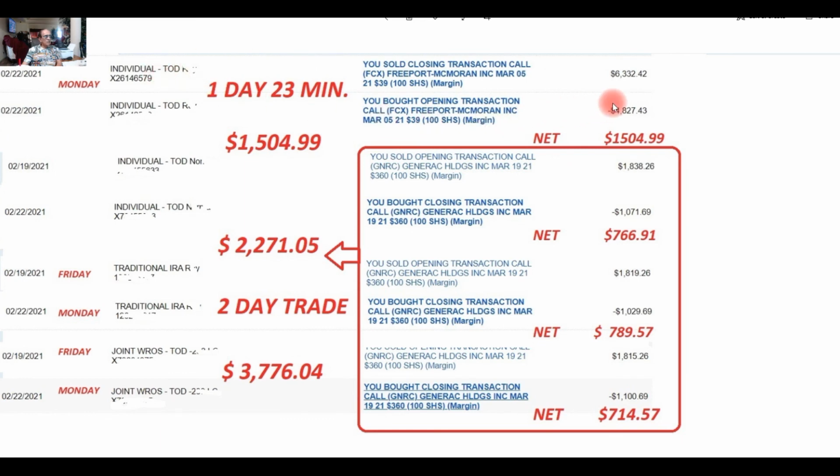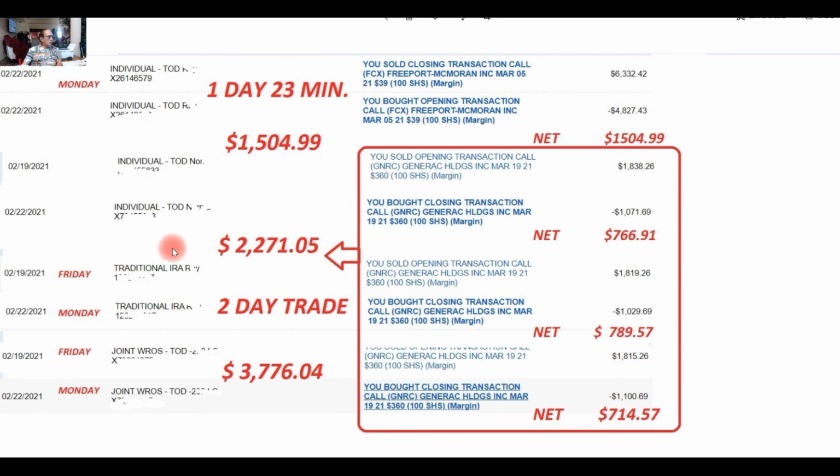You see, so this one right here. We buy it in the morning, 222, and sell it in 222, and we net it, right? The price that we bought it, it was $4,000. We sold it for $6,000, and the net profit was $1,500 in 23 minutes.